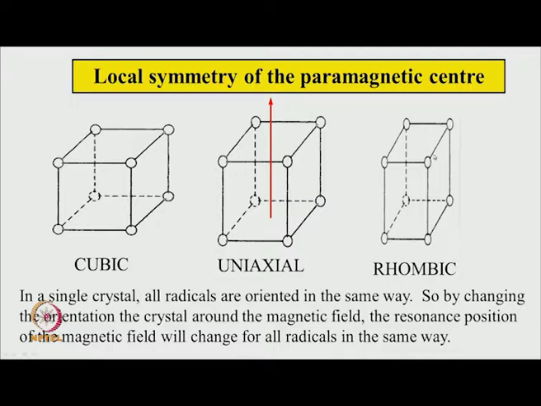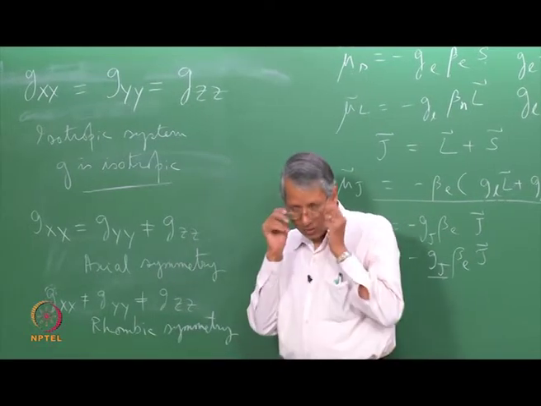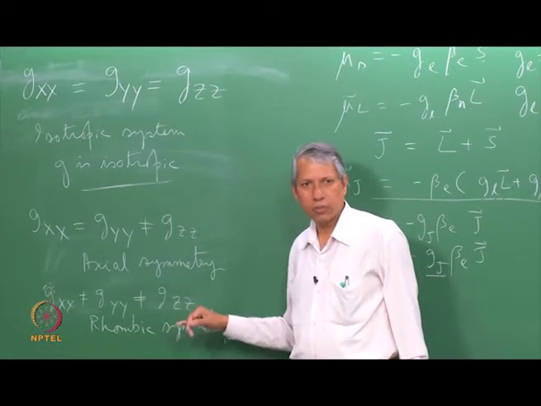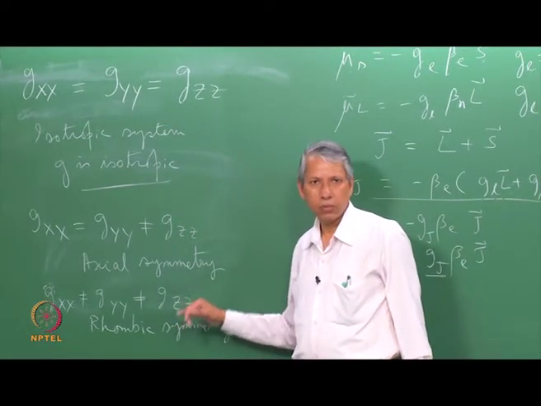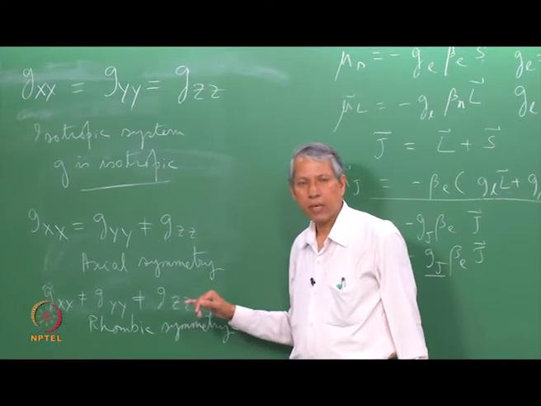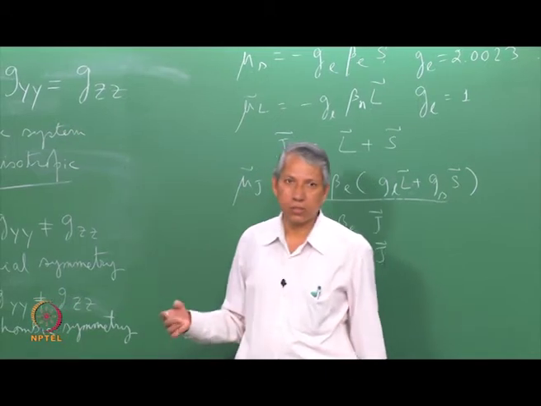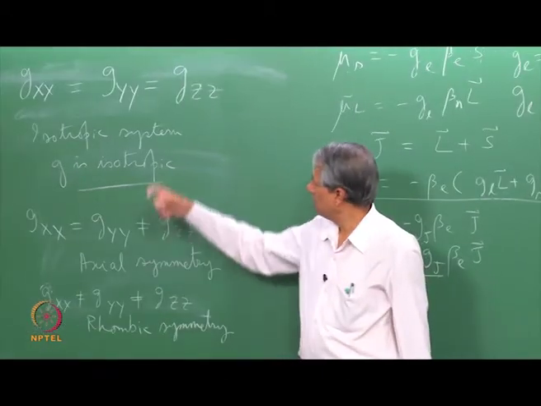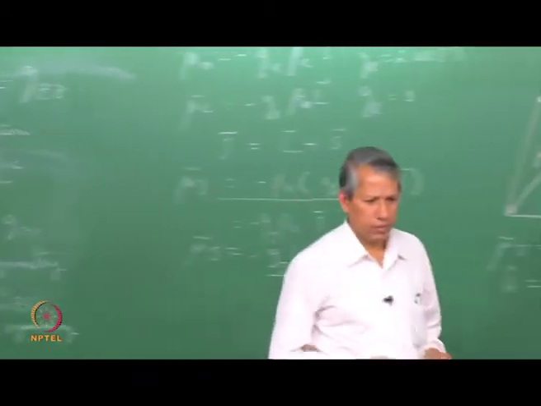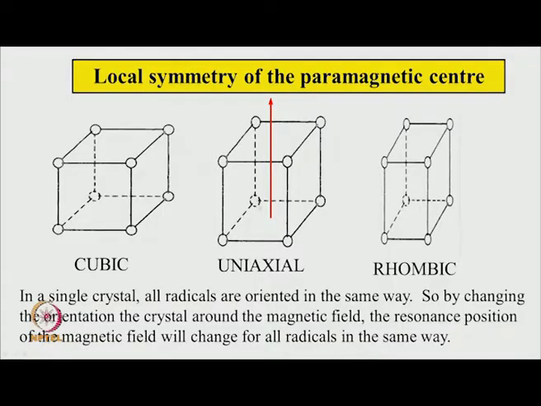So, when I said rhombic symmetry means no symmetry, that is not quite correct. The crystal can have C2 symmetry, but there is no symmetry axis higher than C2. If there is higher than C2, then C3 or C4, then it will be either here or here. For example, this one has C4 axis of symmetry, no doubt, but if you take the diagonal, it will have C3 axis of symmetry.